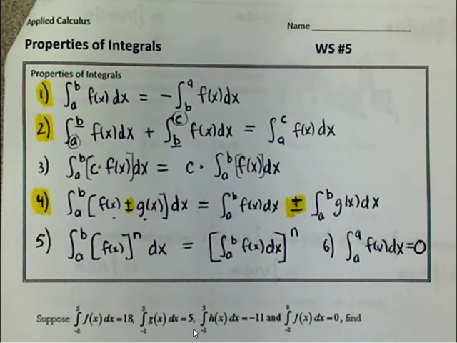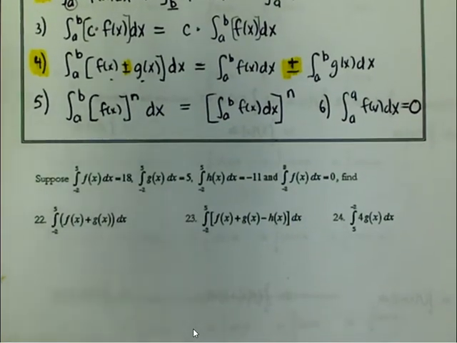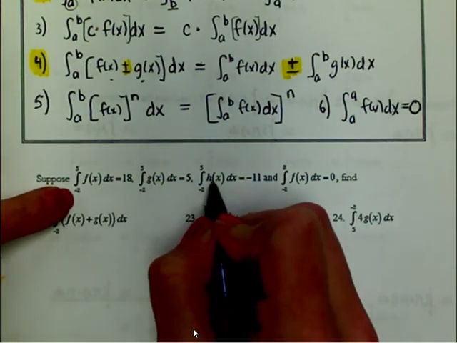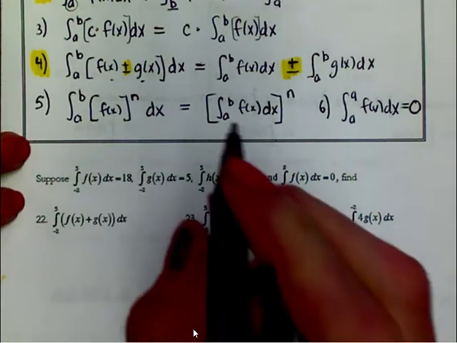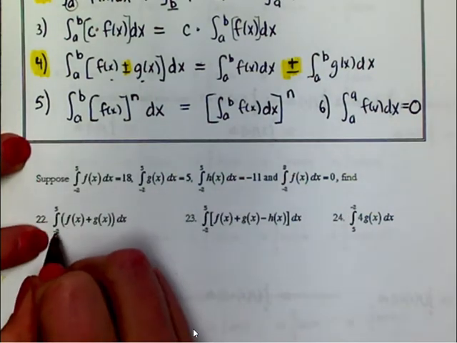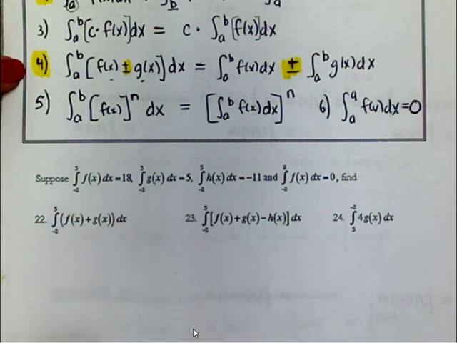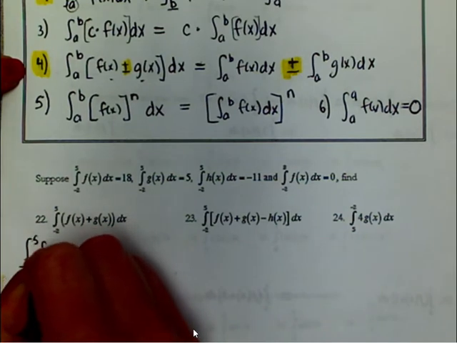Okay, notice that we don't have any pictures and we don't have any equations to work with. There's no way to type these in the calculator. So we have f and g and h, and they're giving us starting and ending points. Okay, -2 to 5, f of x plus g of x. So I'm going to use property number 4. -2 to 5.